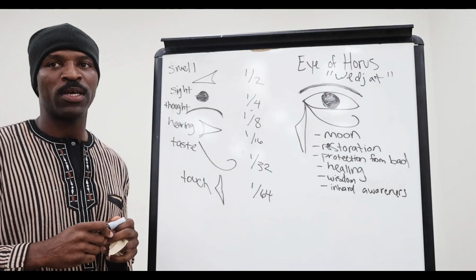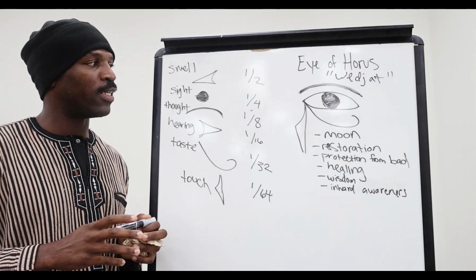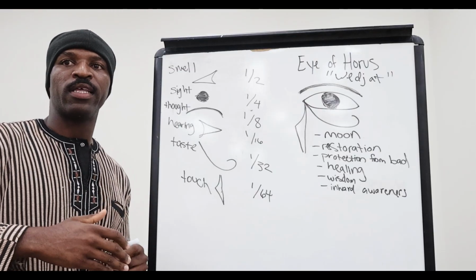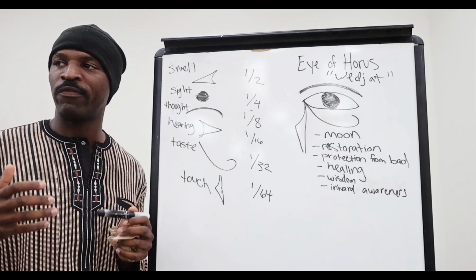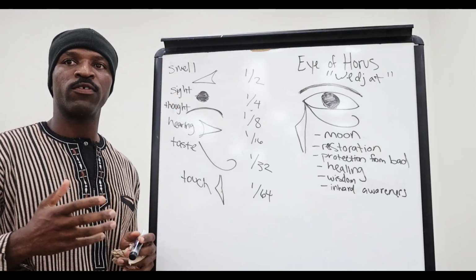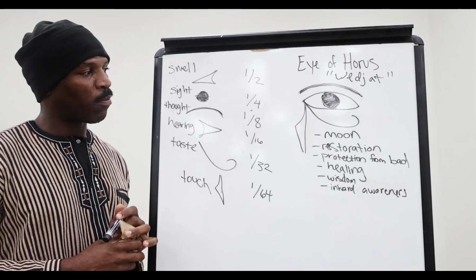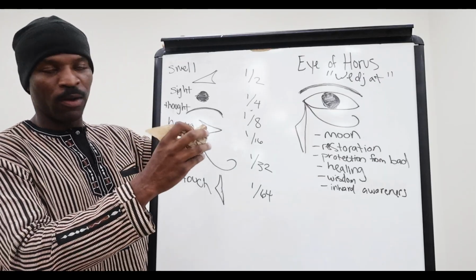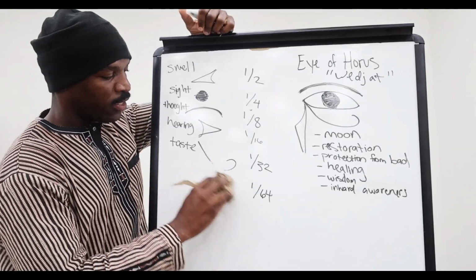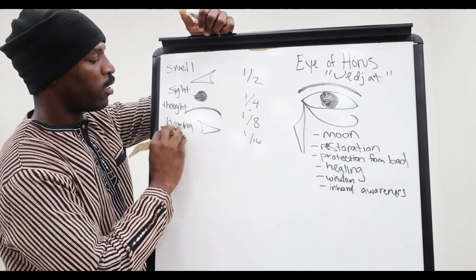Why would they make smell a half? It's not that they necessarily made smell a half, it's the things that they understood that in today's times we forgot, that they understood that smell is the most powerful sense that we have. Now, let's talk about why smell being at one half is the most powerful sense that we have, the science that the Egyptians understood that we no longer understand today.